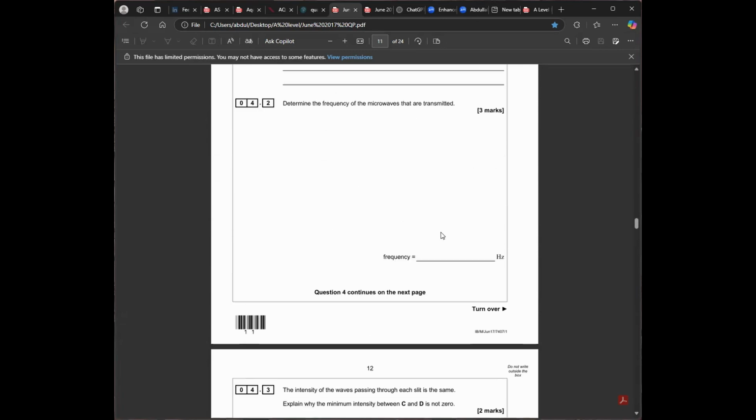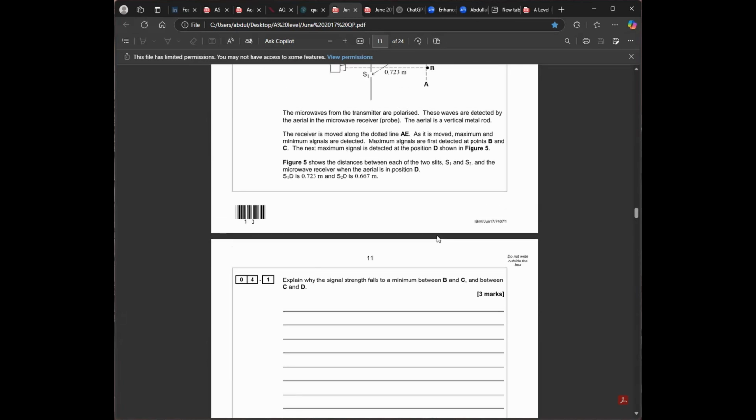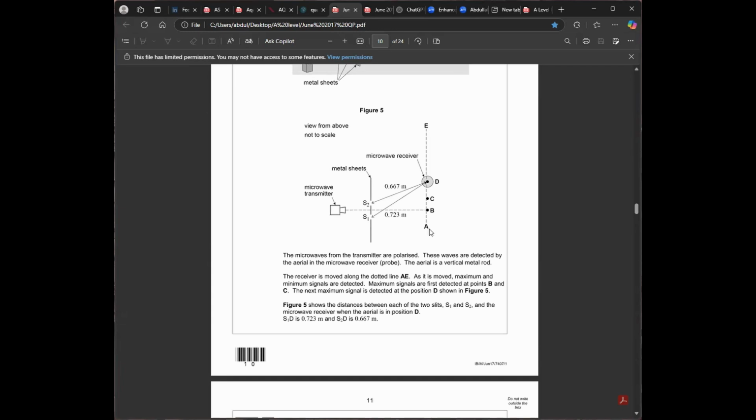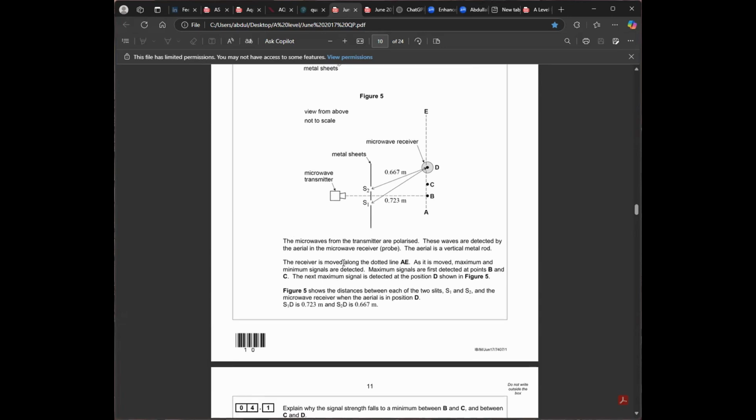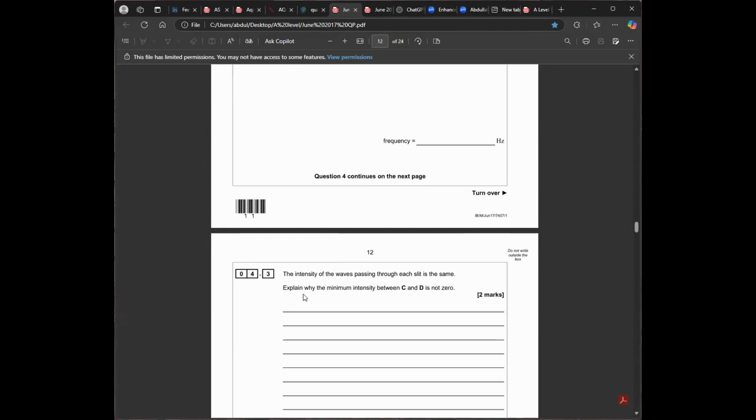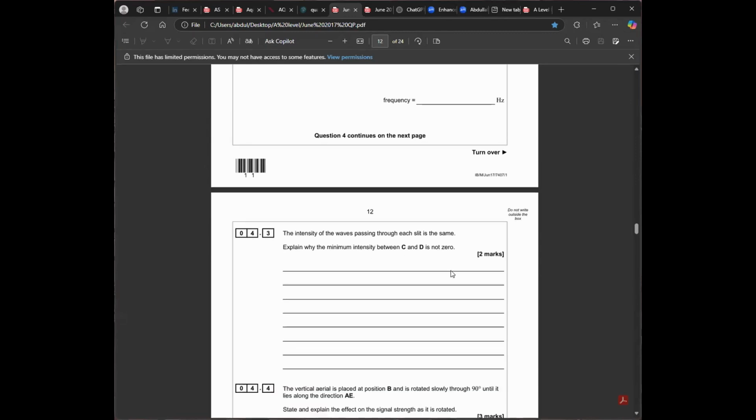Can you think of anything why it is not zero? Because if there is destructive interference, ideally they are generated by the same transmitter as well. There should be destructive interference and there should be zero signal. But they say that it's not zero. So do you have a justification for it? Can you think of anything?